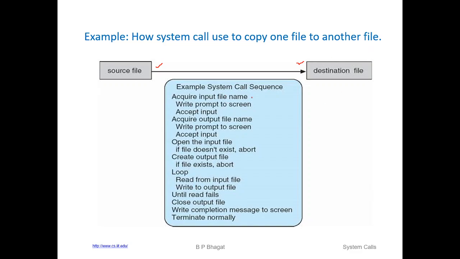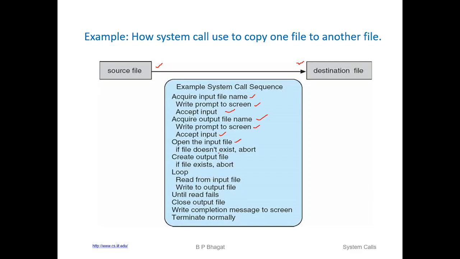First we need to acquire the input file name. To do this, we prompt onto the screen, then input the file name, then acquire the output file name, prompt output to the screen, then accept the name of the output file, then open the input file.